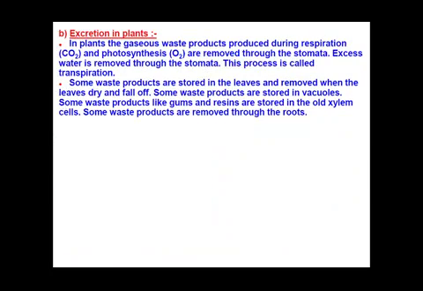Now comes excretion in plants. How does excretion in plants take place? In plants, the gaseous waste product produced during respiration, carbon dioxide, and the waste product produced during photosynthesis, oxygen, are removed from the plant's body through the stomata.